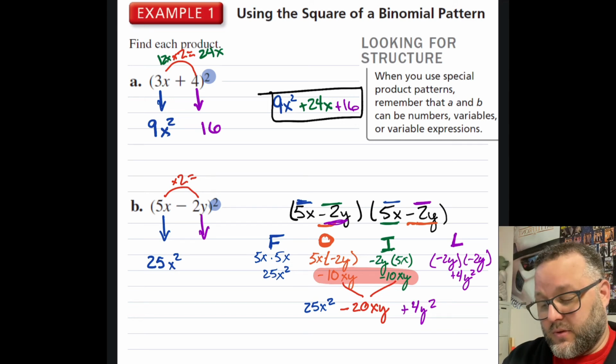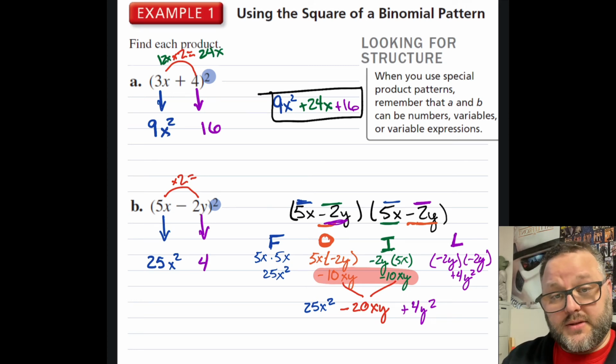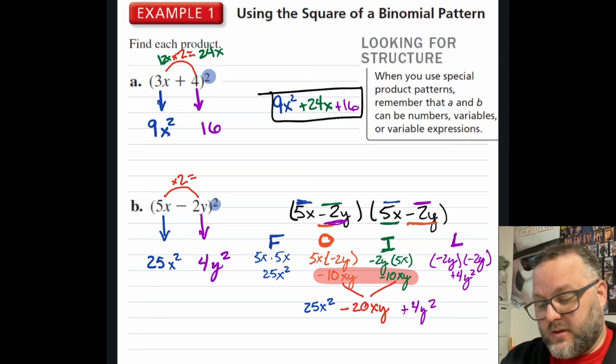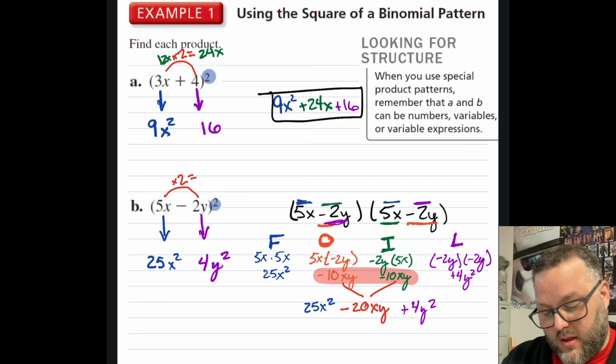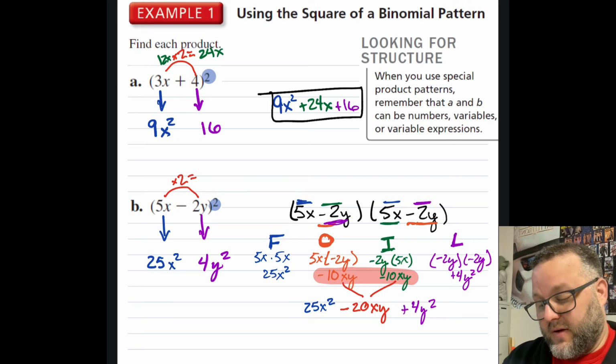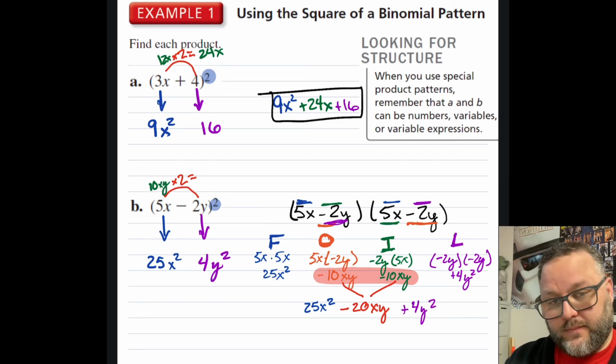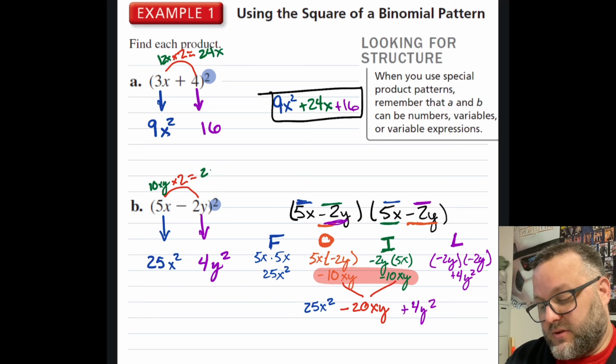So negative 2y squared is a positive 4, because a negative times a negative is positive. 2 times 2 is 4, and y times y is y squared. And lastly, we have 5 times 2, which is 10. X times y is just xy. When I multiply that by 2, I get 2 times 10 is 20, x times y.